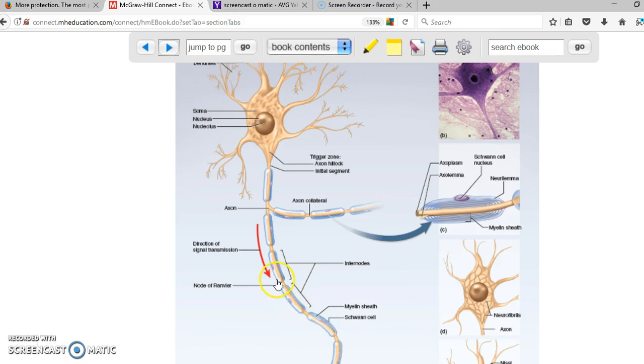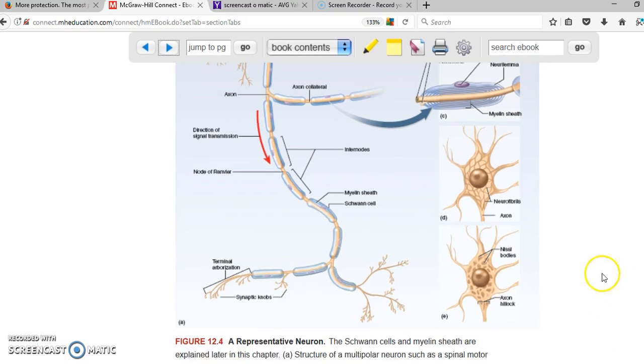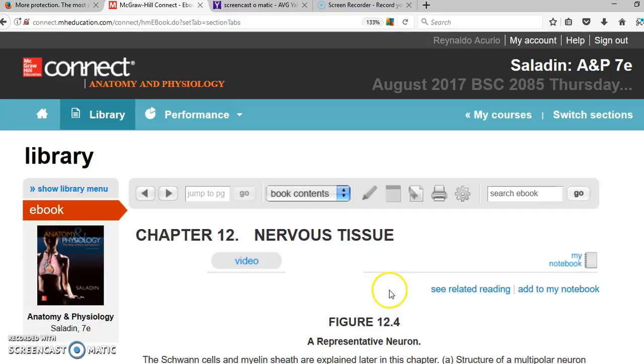The spaces right here, in between these areas, this one, it's going to be called the node of Ranvier. Okay, very important. So let's keep scrolling down, and we are going to see that this nerve goes down and has the axon terminal, which is the end of the axon.